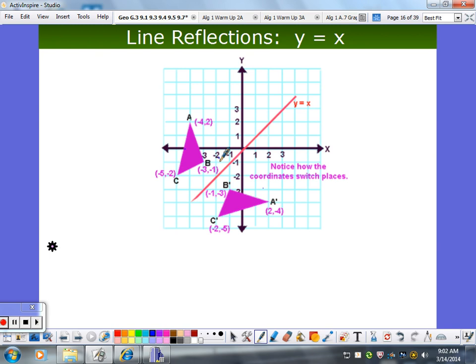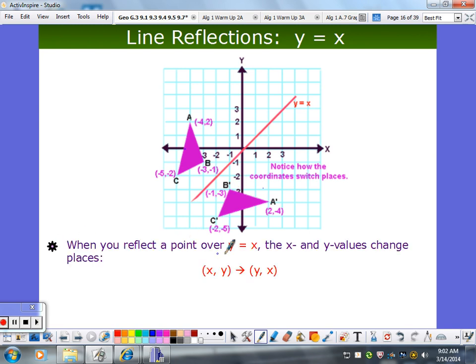B was (-3, 1), B prime became (-1, 3). C is (-5, -2). Transformed, it became (-2, -5). So what's the mapping of these xy pairs? It's the switch. So if you have an xy pair, turn them around to yx, and you have the mapping for a reflection over y equals x.